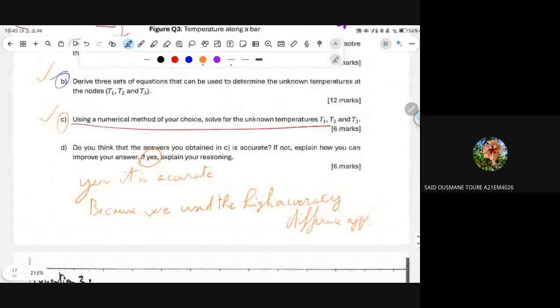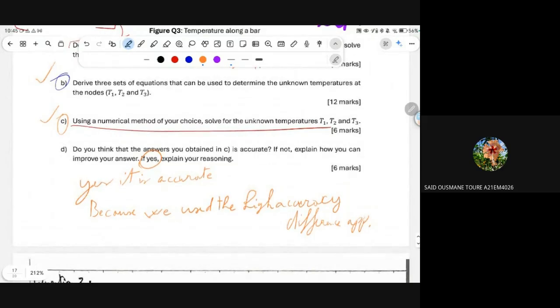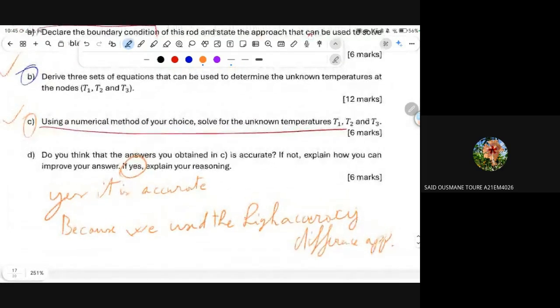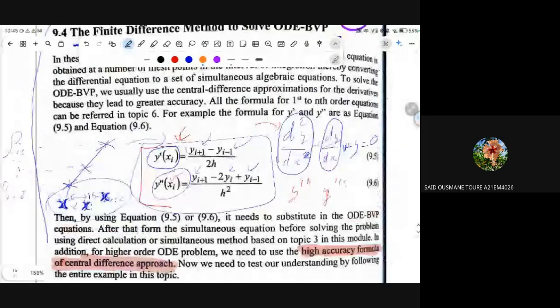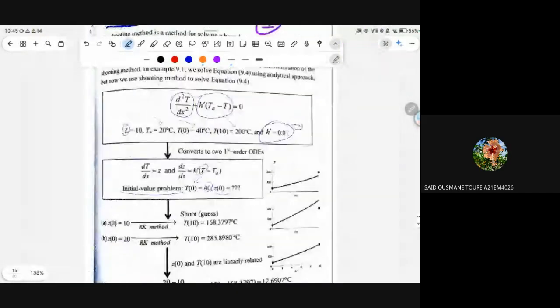Okay, now that we are done with D, this is so simple. This is already 6 marks right there. Very easy.